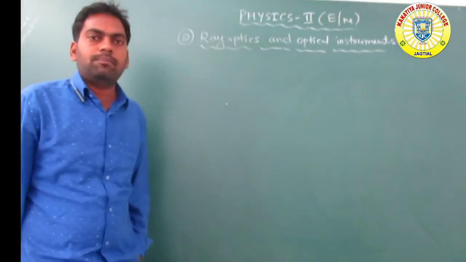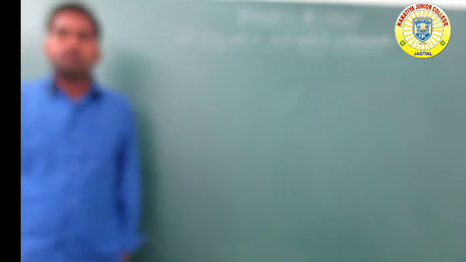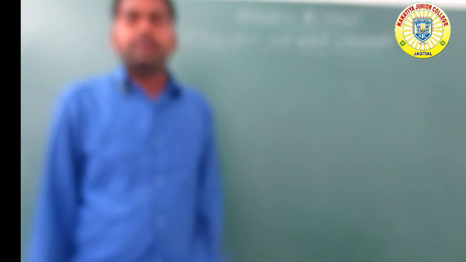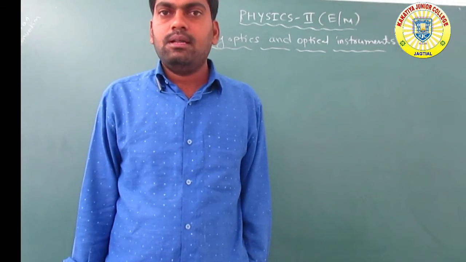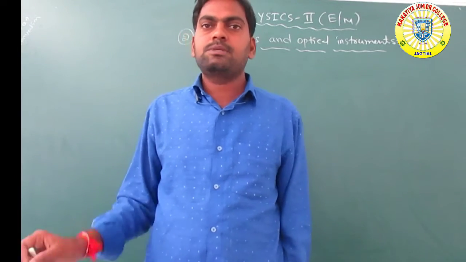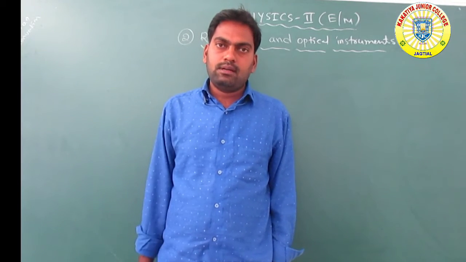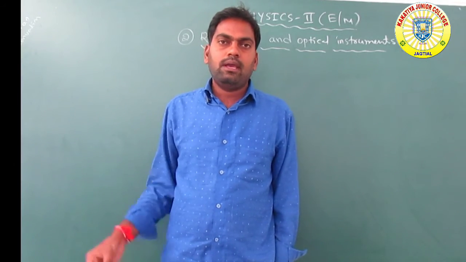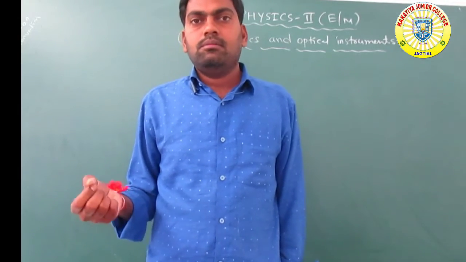Now in this chapter, what is ray optics, and what are optical instruments? We take up what the focal length is, what the focus is, and what the principal focus is, and the lens rules are also taken. We also discuss the importance of the microscope.